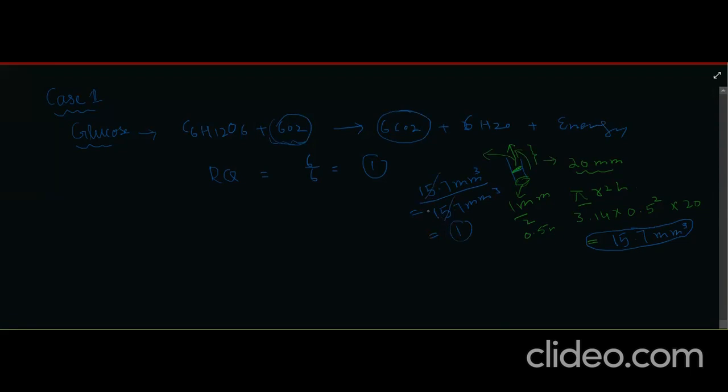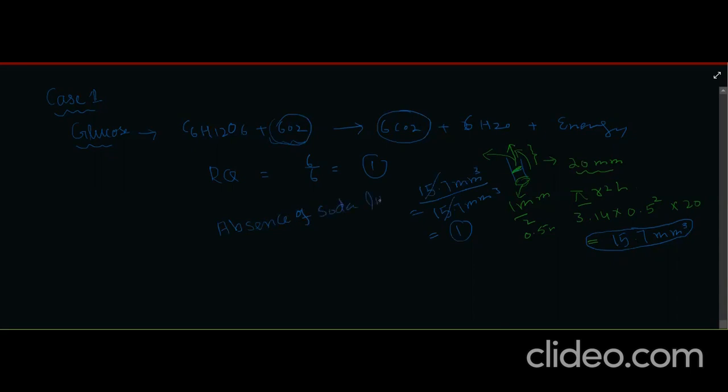Now in this case, it was in the presence of soda lime. So how will we make sure that the substrate was exactly glucose and there was no extra oxygen utilized? We will do the same experiment in the absence of soda lime.